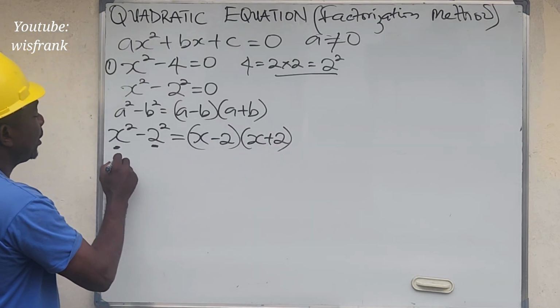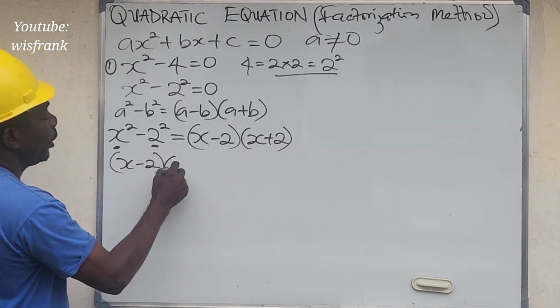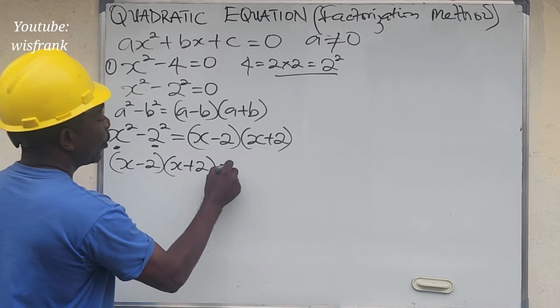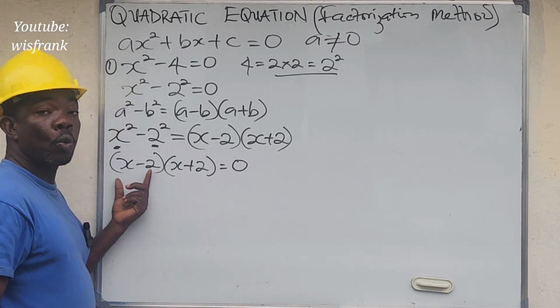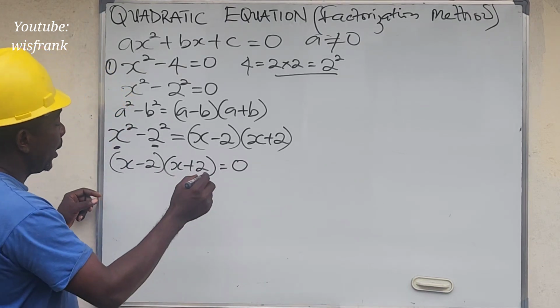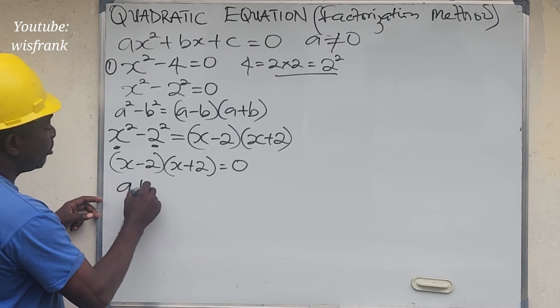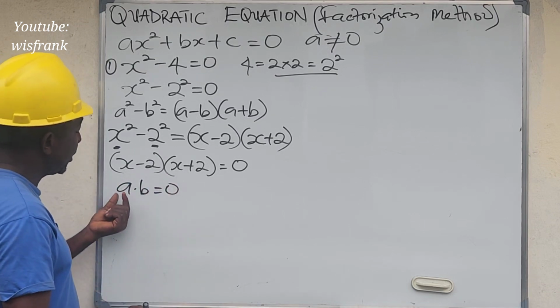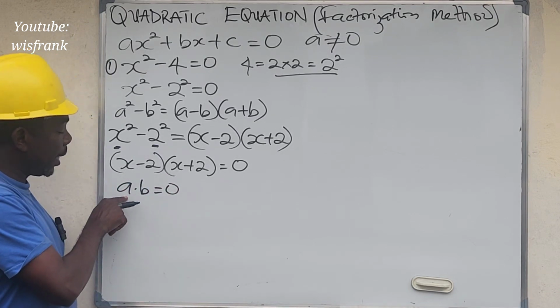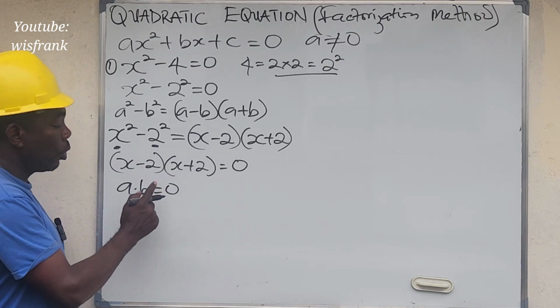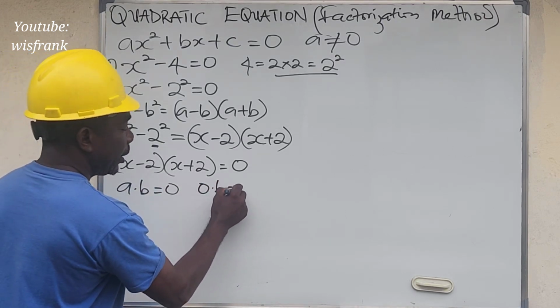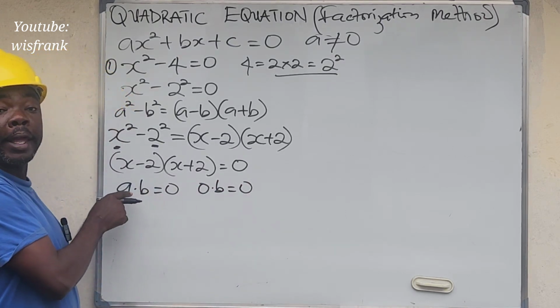So we have x minus 2 into x plus 2 equals 0. When we have a situation like this, it is in the form a times b equals 0. That means it is either a or b equals 0. When we have 0 times b, it is the same thing as 0 when a is 0.